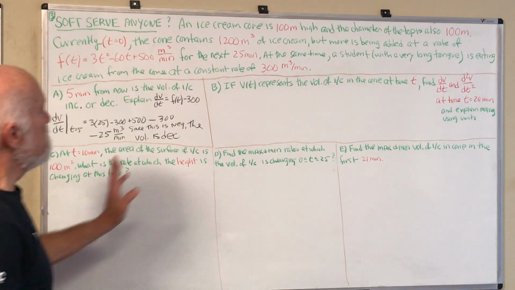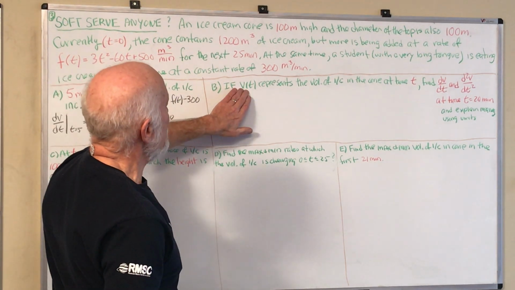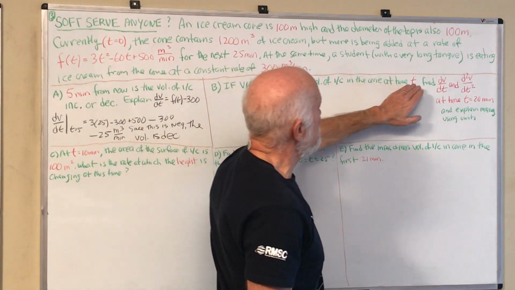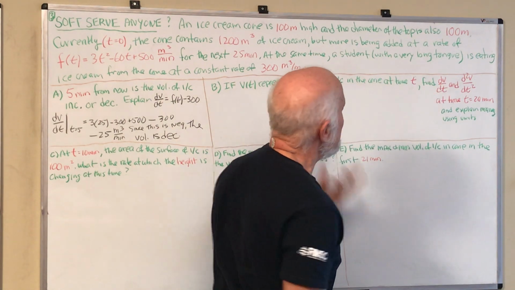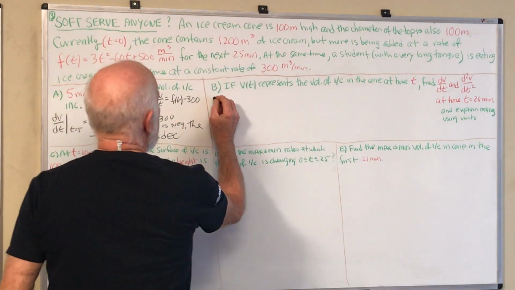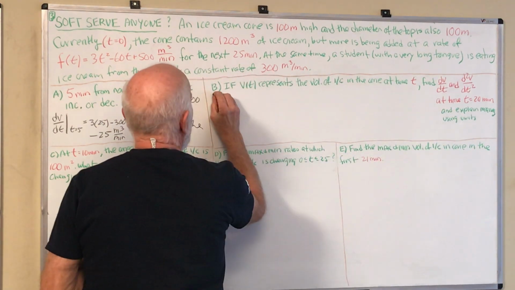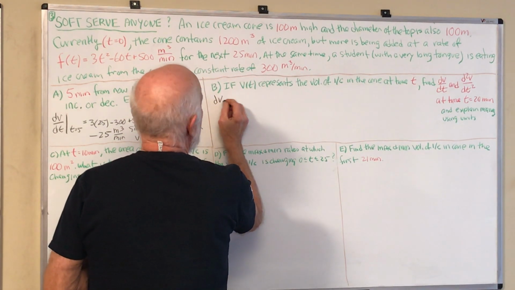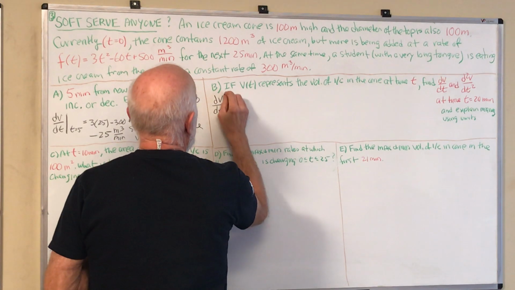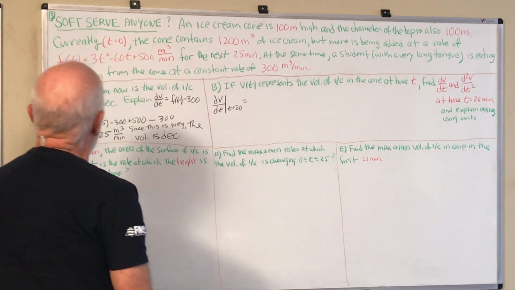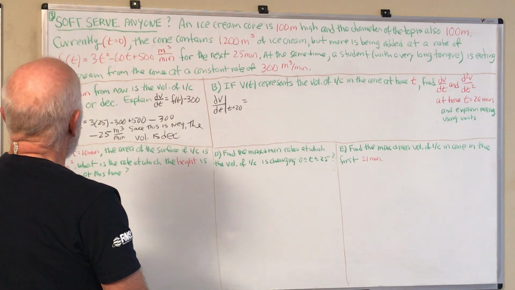So, B, if V of t represents the volume of ice cream at time t, find dV/dt. Well, we've already done that, but we're going to find it at time 20 this time. So dV/dt at time 20, we do the same thing we did before.